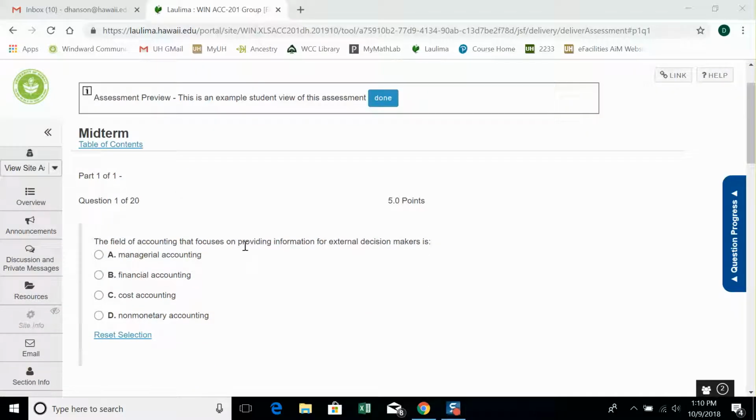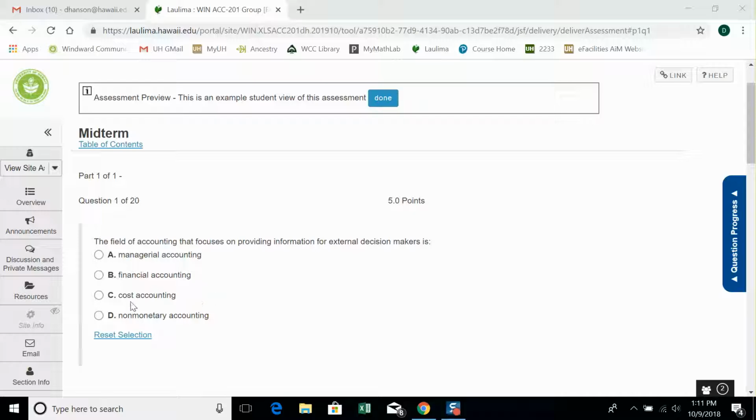accounting that focuses on providing information for external decision makers is, okay, so when I go down here, well, managerial selection A is not the correct selection because managerial accounting is for internal users, people and decision makers that are inside the company. As we know, financial accounting is for external users, people that are going to be using the company's information to make investment or lending decisions, taxing authorities that look at that information as well.